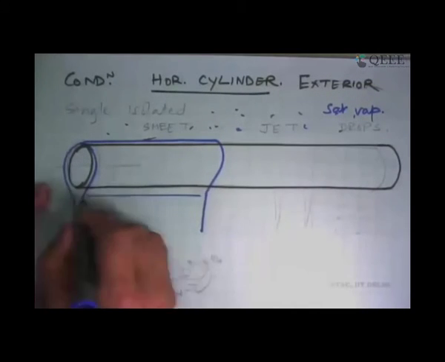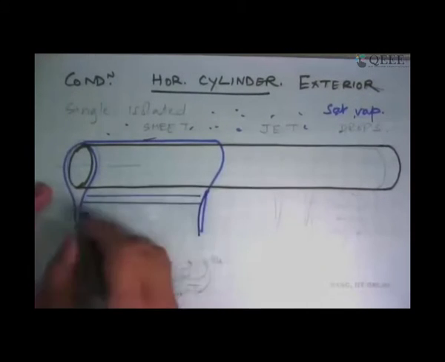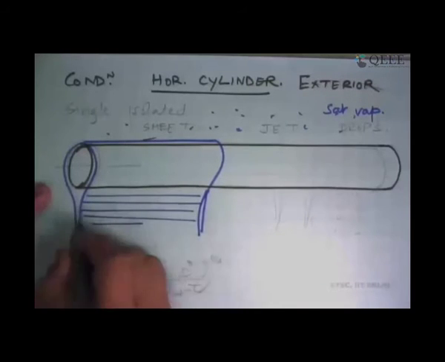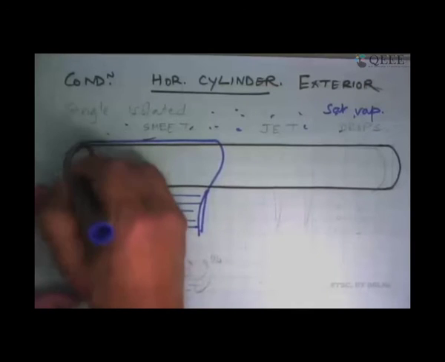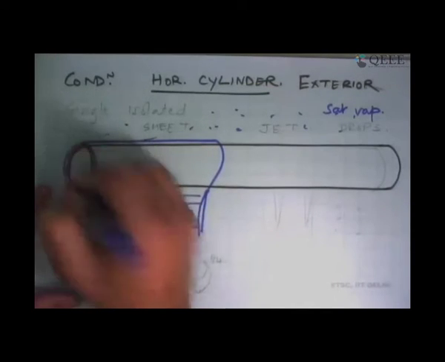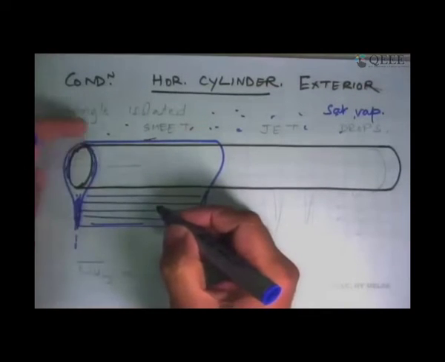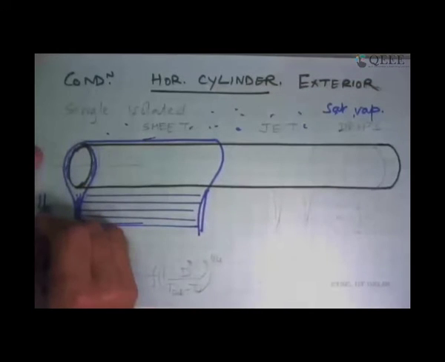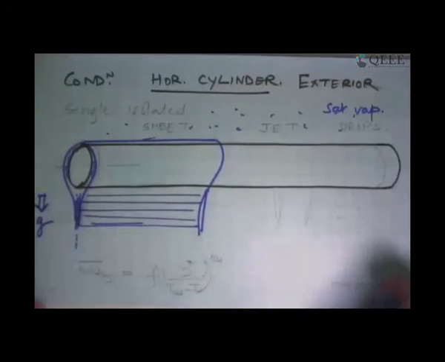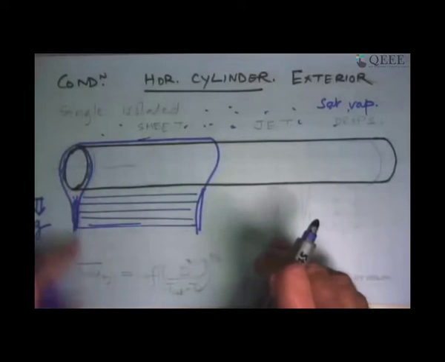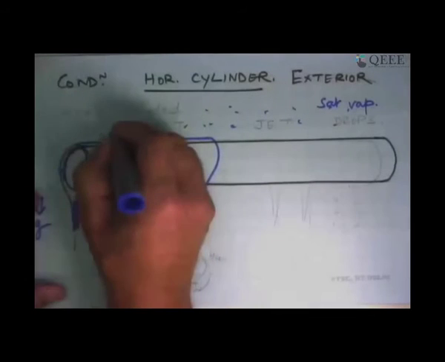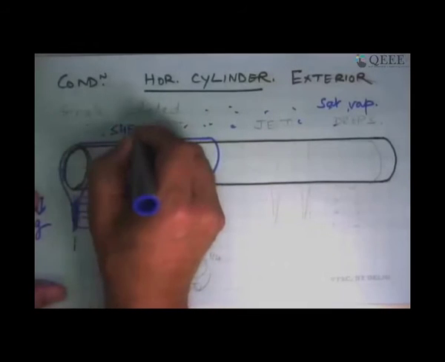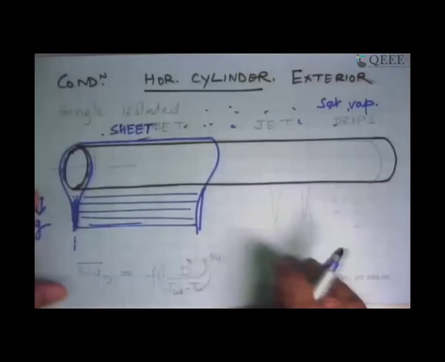So what you are seeing happening here is this type of a film that formed on the surface, blanketing it completely by gravity. This is what was bringing it down. It comes down, and this film then keeps dropping down. This type of condensation is called sheet condensation.